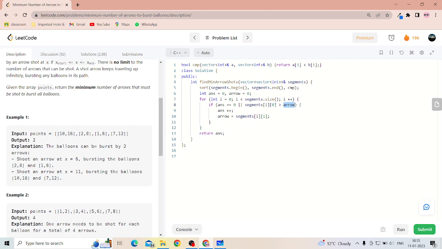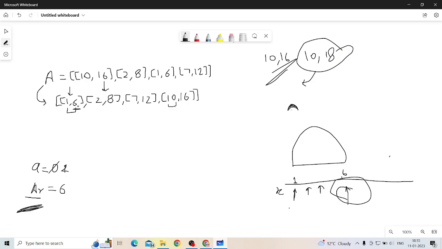If this arrow is less than the number, meaning if the 6 is less than the starting of the next balloon, then we will increase our answer. If it is not less than, then we will go to the next index.